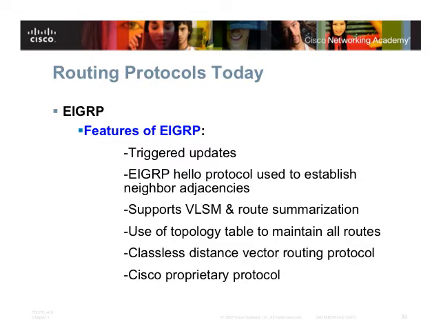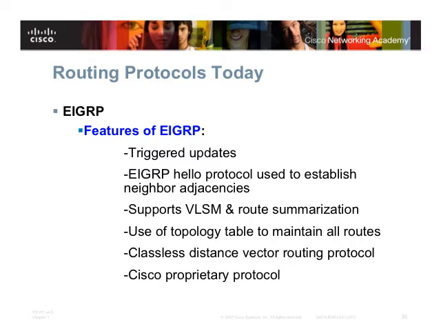EIGRP is a special case, and it uses a separate table, which is totally isolated from the routing table. This topology table is used to keep track of the topology in the network. The routing table itself uses the distance, the vector and the accumulated cost, but EIGRP specifically uses a separate table to keep track of the topology.